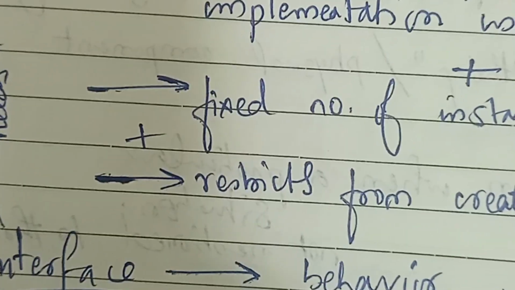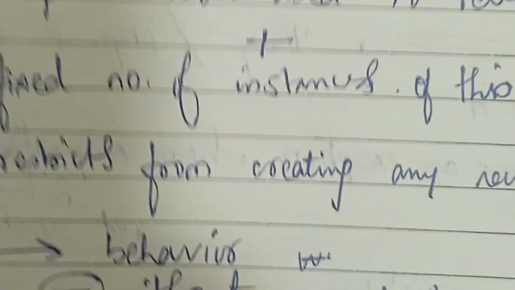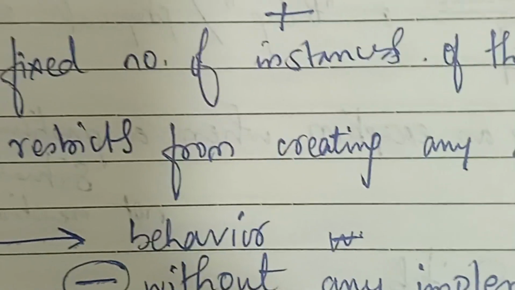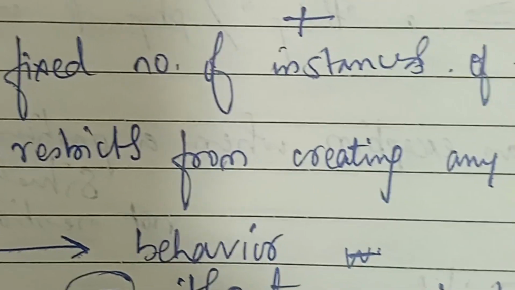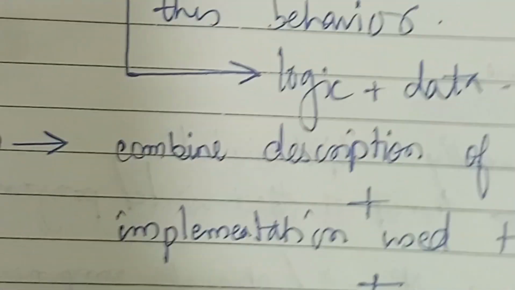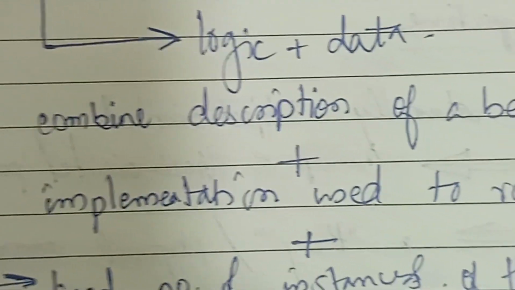Enum also combines a description of a behavior with an implementation, and it has a fixed number of instances of this type, unlike a class, which can have any number of instances of its type.